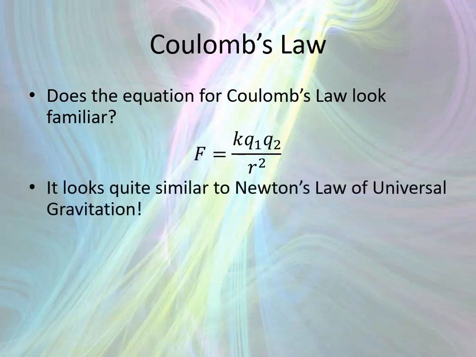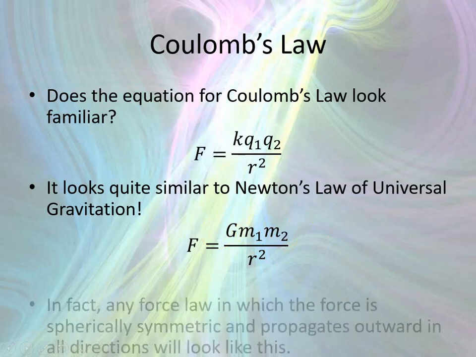Well, it really should, because it's basically Newton's law of universal gravitation, except with charges instead of masses, and a different proportionality constant. But Newton's law of universal gravitation has the exact same form. It's an inverse square law. It talks about a force between two objects having a certain property, which in that case is mass.